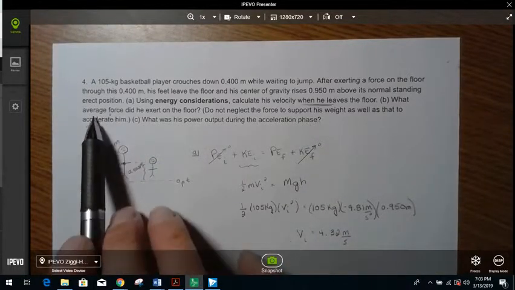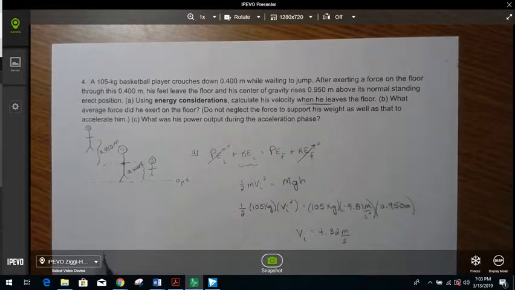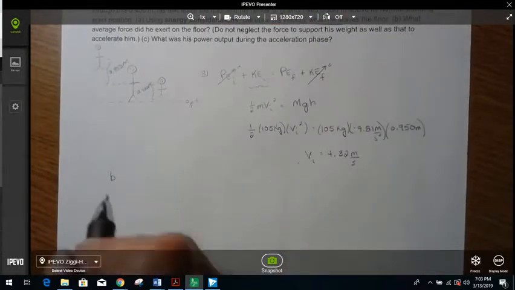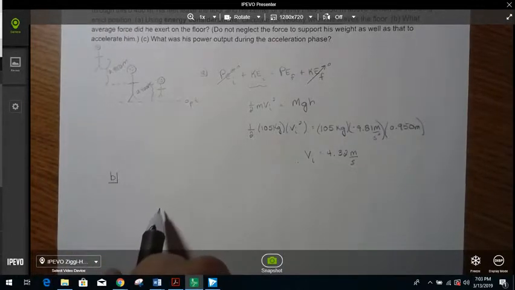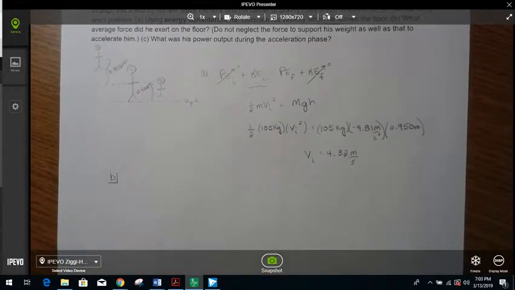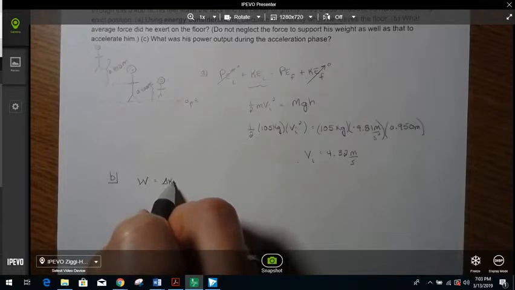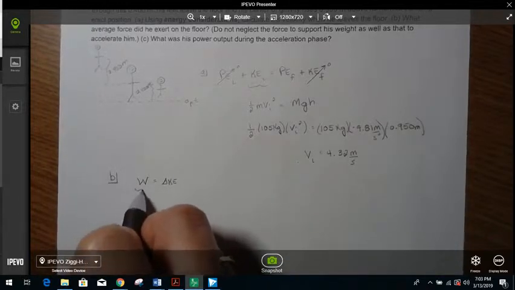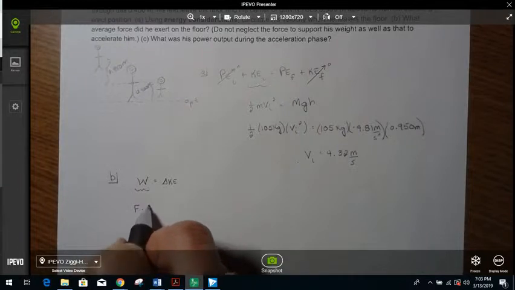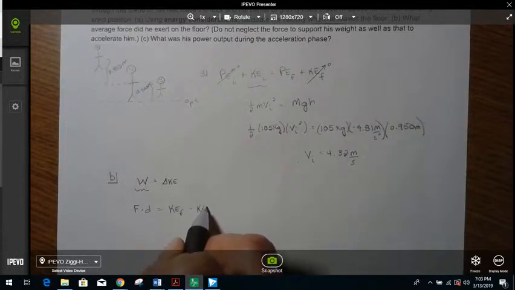Part B then says, what average force did he exert on the floor? So part B means we need to incorporate the work energy theorem: the work done on an object equals the net change in kinetic energy. So in this case, force times distance equals the kinetic energy final minus the kinetic energy initial.